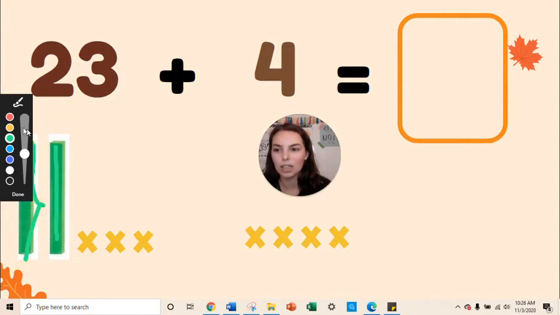So I have 10 and 20. Oop, that was a crazy line. And then 21, 22, 23. And I want us to get used to drawing the sticks and our X's because it's going to make it easier for us when we have big numbers like 23. And then we're going to add how many? 4. So I need to draw 4 X's.